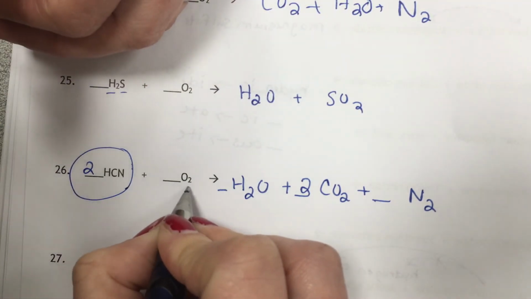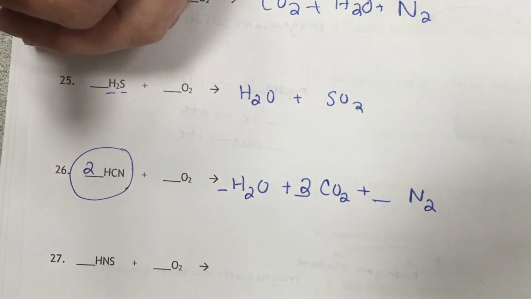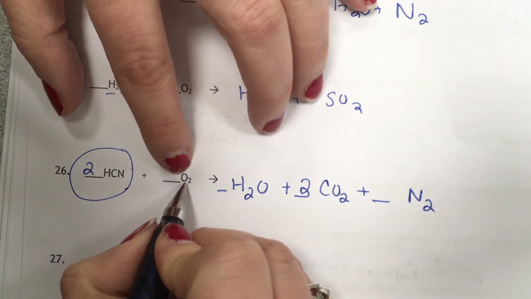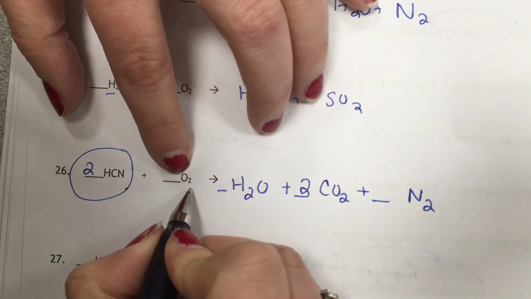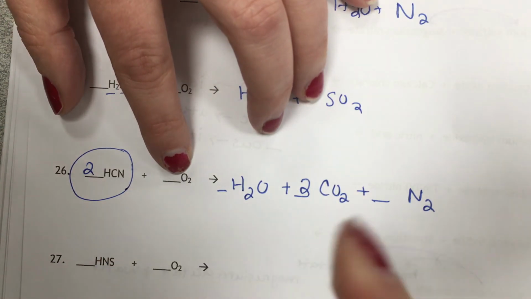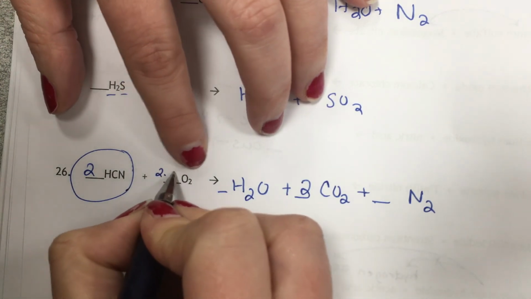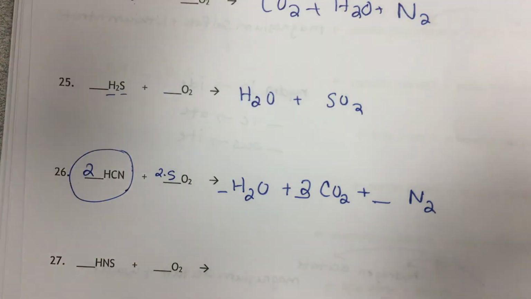So if we utilize the decimal, then it will be a little helpful. So if we have 2 O2s, we have 4 oxygens, right? So if we want 1 more oxygen, because we have 5 over here, that would be 2.5, okay?